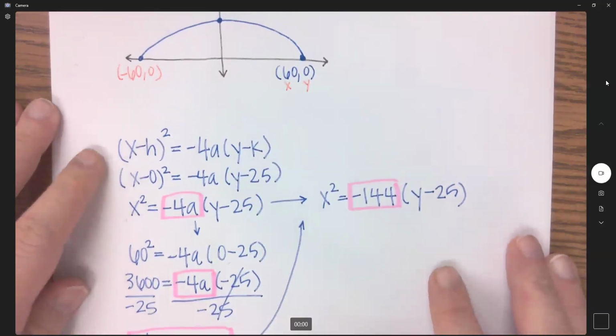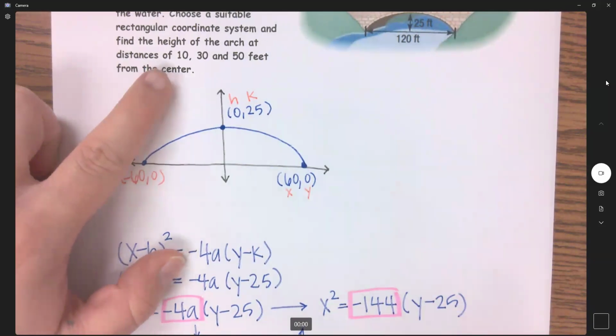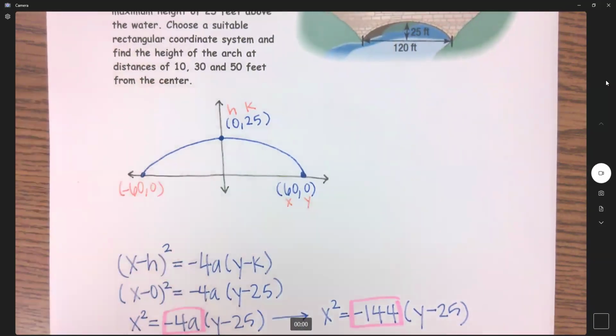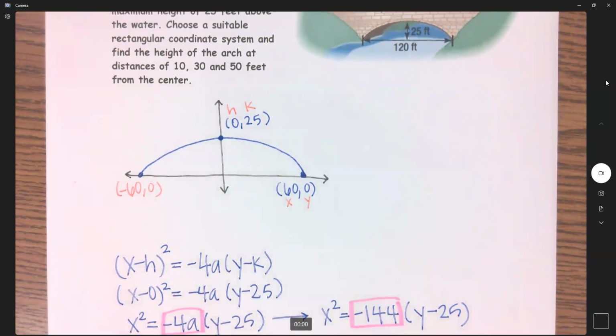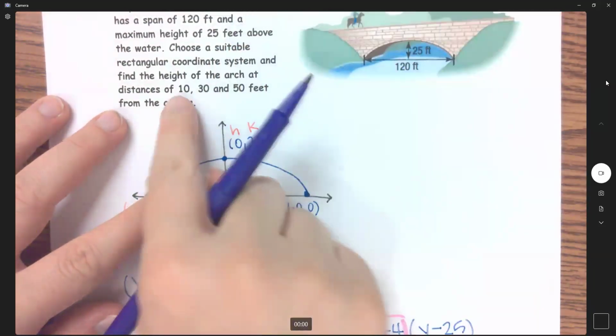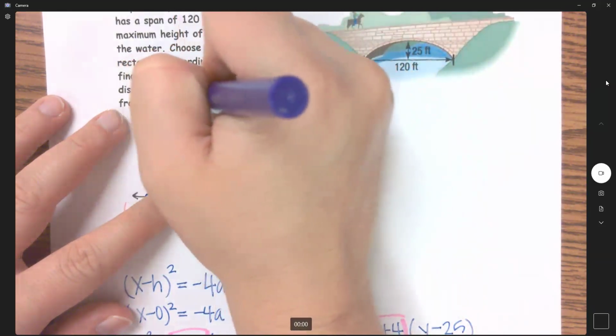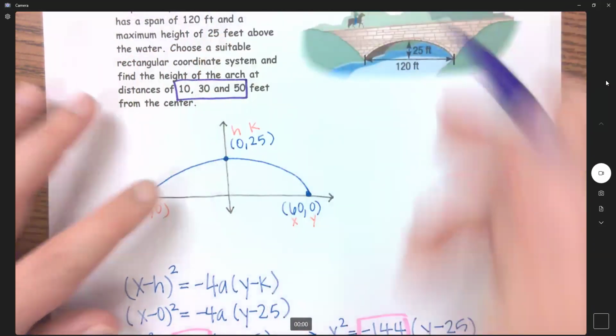But if we come back up here, it wants us to find the height of the arch at distances of 10, 30, and 50 feet. So we need to ask ourselves, what is 10, 30, and 50 representing? Is this representing x or y?